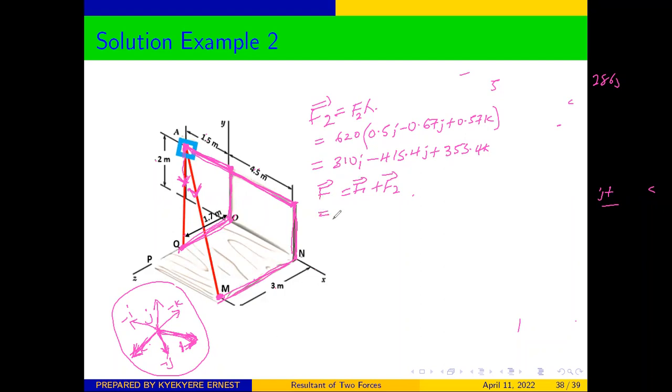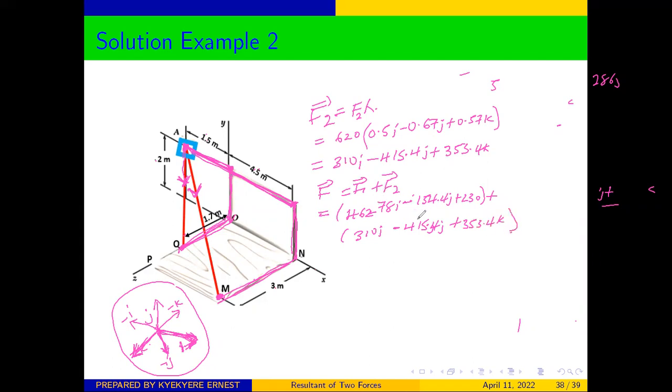And then we can see that our resultant force will be equal to 462.78i minus 154.4j, which is for F1, and the k component is 230, plus our F2, which is 310i minus 415.4j plus 353.4k.